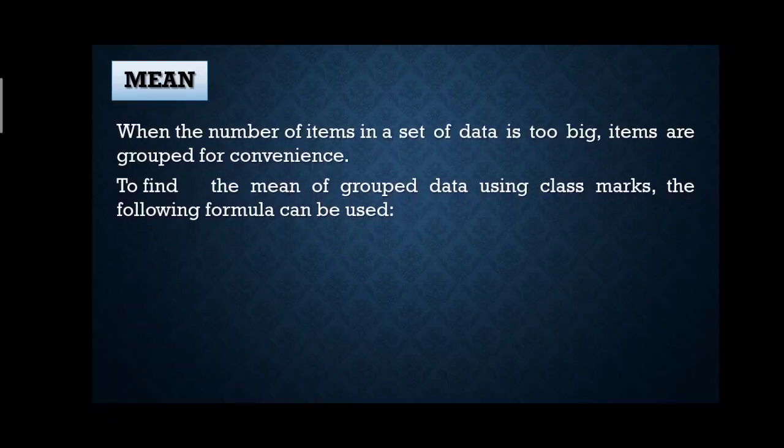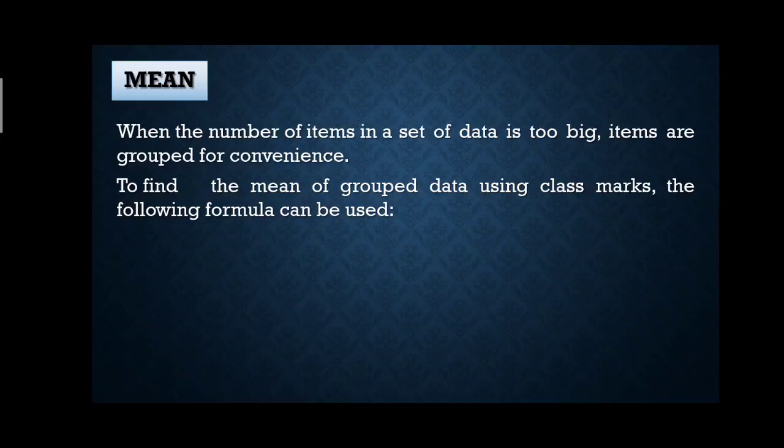The difference between the mean in group data and ungrouped data is that in group data we can solve the mean easily, but there should be a table in it. So to get the mean, you should draw a table to find the value of the mean.